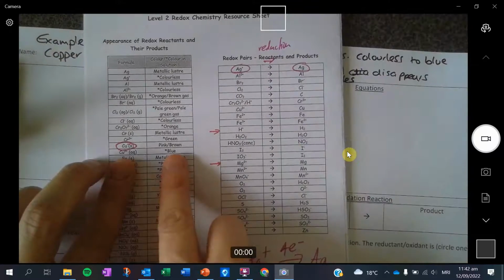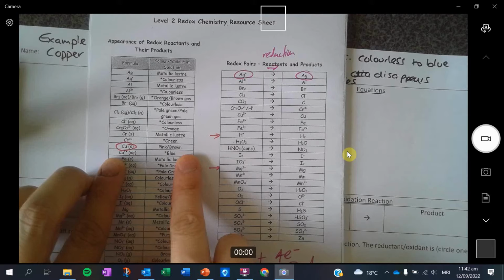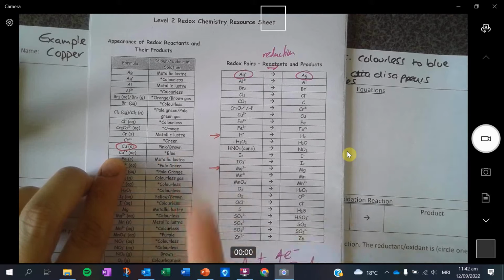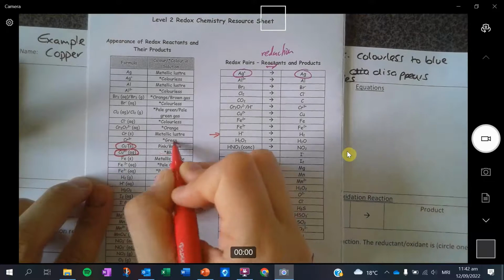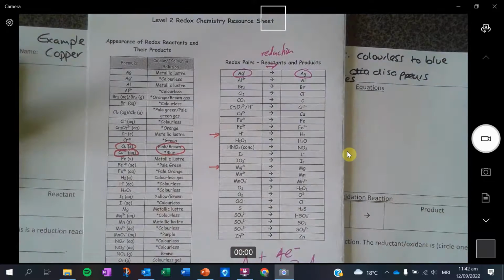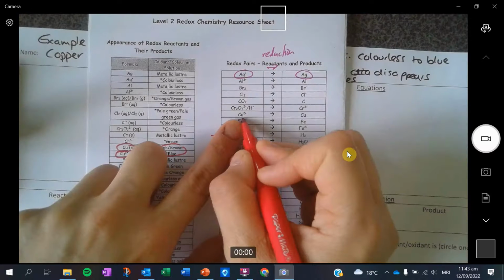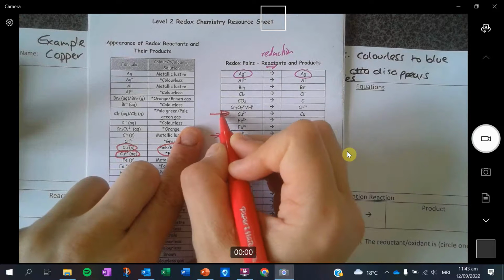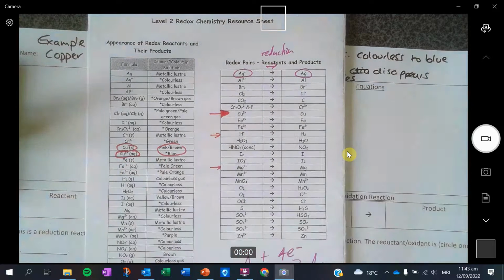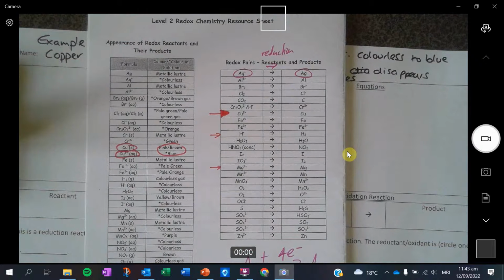From that, I can see it's probably the copper 2 ion, because that's what's blue in solution. Those are the two things I'll use for copper, and I can see the equation right here, the copper 2 ion and the copper. I'll be using this equation in some setting. Are we good with that so far?